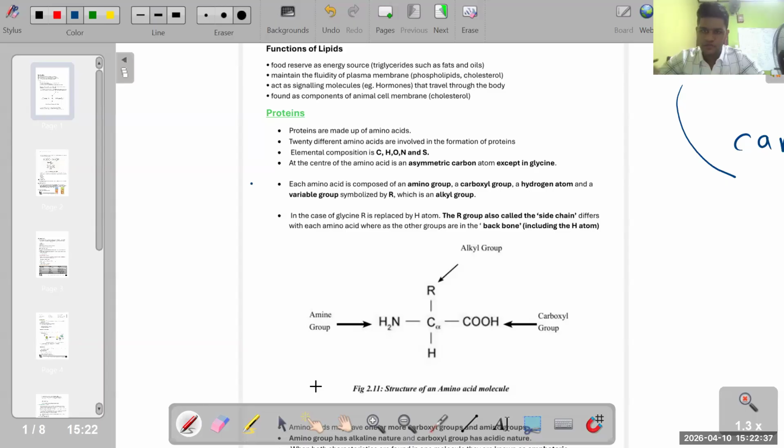The basic units of a polymer are called... No, this is not in your A-level syllabus. It is not in your biology part. This is from your O-level knowledge. Monomers. Have you come across the word monomers?